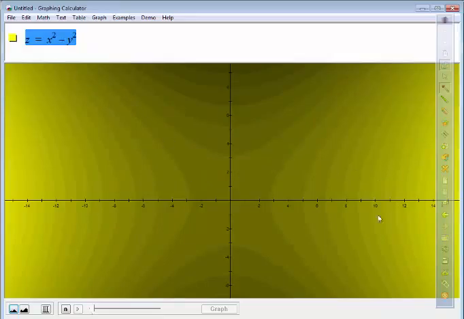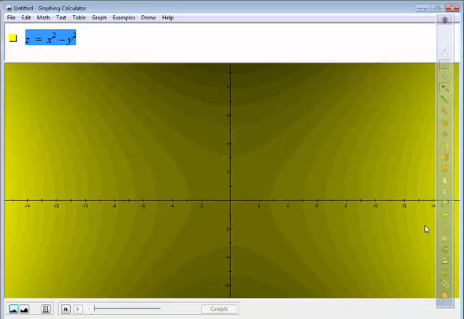So it's lighter on the sides over here, and it's darker where it's less. So it's dark over here because it goes negative. On the sides over here it gets lighter because that's where it goes positive. So this is another way to view your plots. Okay?